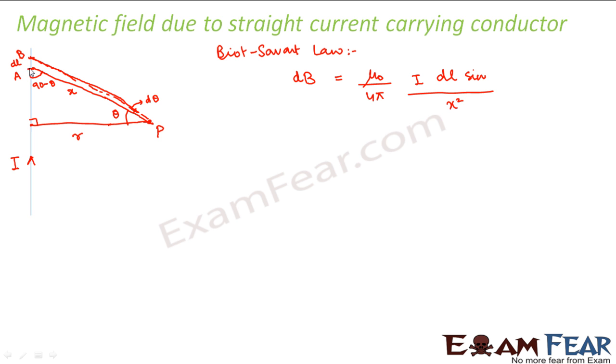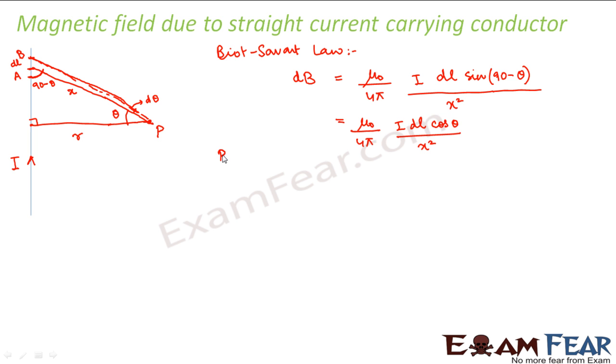So this is my small element dl and this is the position vector x. The angle which the small element makes with the position vector is this angle, that is 90 minus theta, right? So we take this angle as 90 minus theta. So this becomes mu naught by 4 pi, I dl sine of 90 minus theta, which is cos theta, by x square.